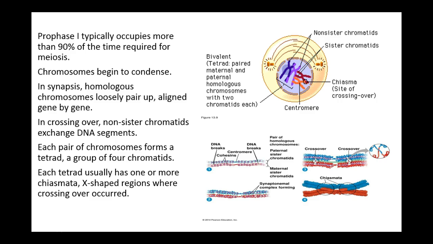So you actually have what's known as a tetrad at that time, where the 2 pairs that you got from your mom and your dad line up with another 2 pairs and form a group, all of them together, the tetrad. The chromosomes form a tetrad, a group of 4 chromatids. You have that word there. Each tetrad usually has one or more regions where crossing over can take place. We're going to have to pick this up on the next one.